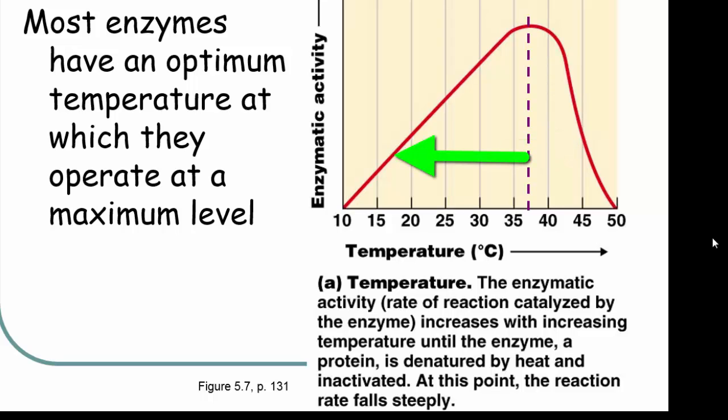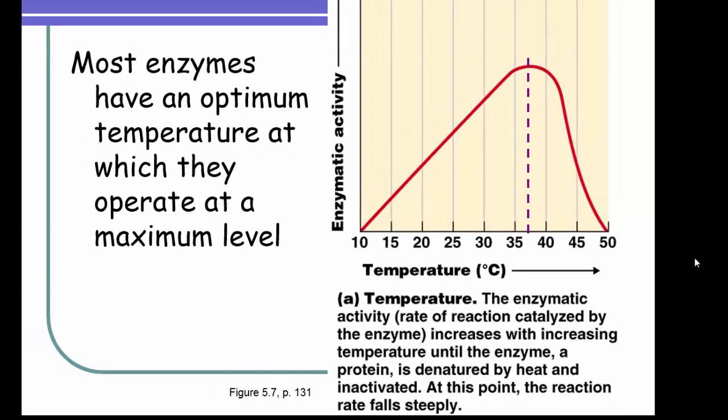However, with colder temperatures, while the enzymatic activity decreases, it takes a longer time to completely inactivate the enzyme to zero activity. So colder temperatures, while they do affect enzymatic activity, take a longer time to completely denature the proteins.